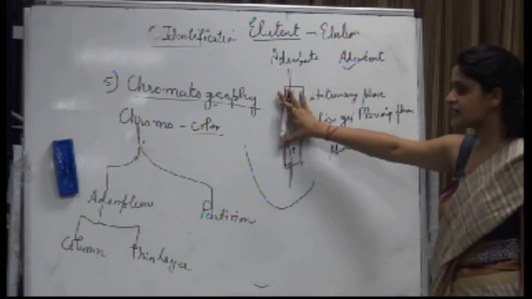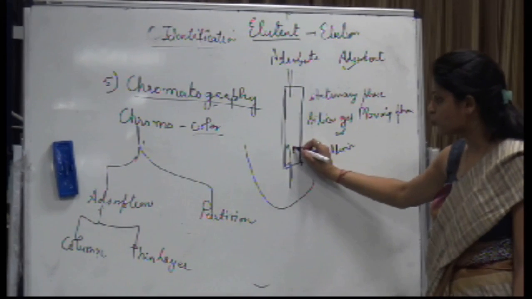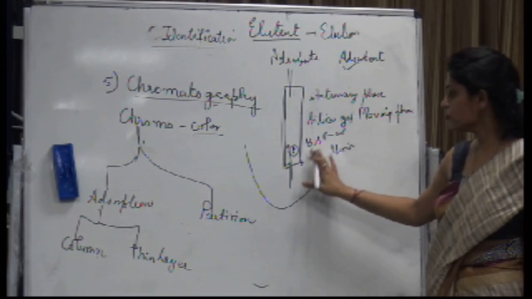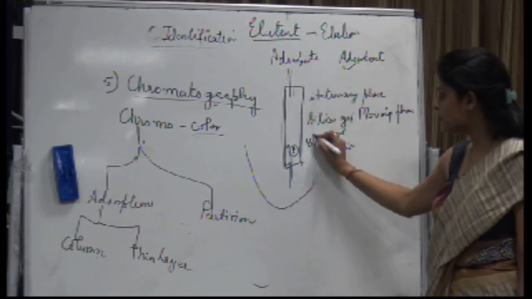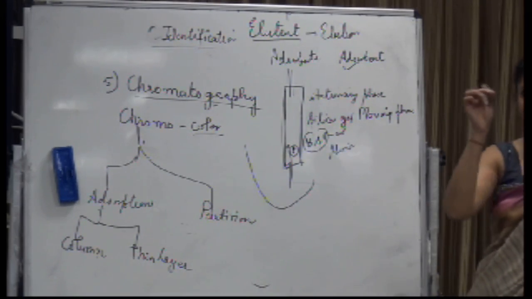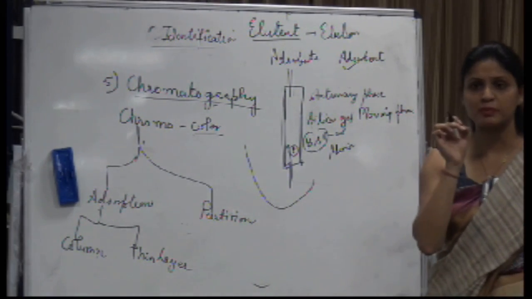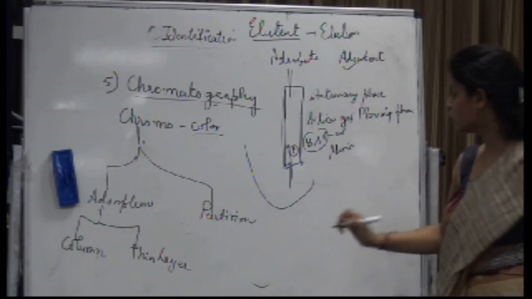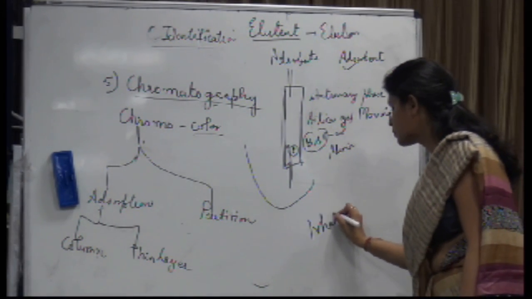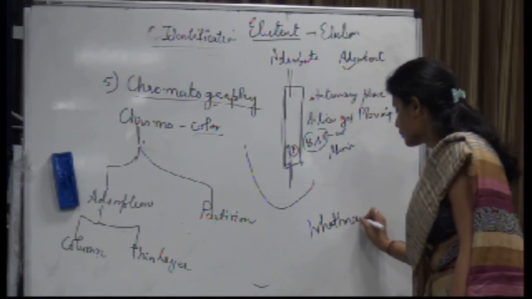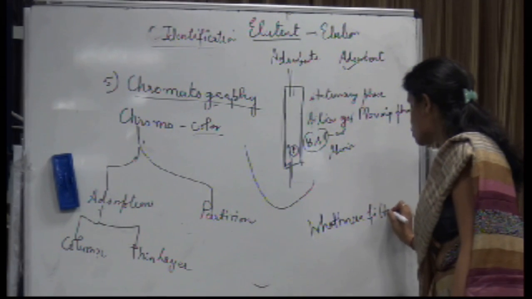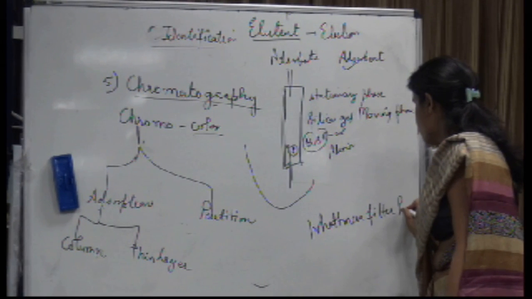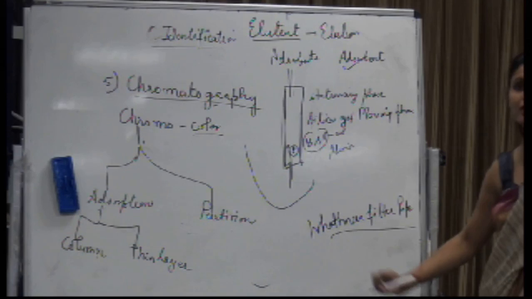Suppose I am taking this as a stationary phase. I have to separate two inks, say blue and red ink, from each other. So I'll put a mixture of blue and red ink on the stationary phase, on the filter paper, on the Whatman filter paper. Not a usual filter paper, but Whatman filter paper. This is specially designed for chromatography.